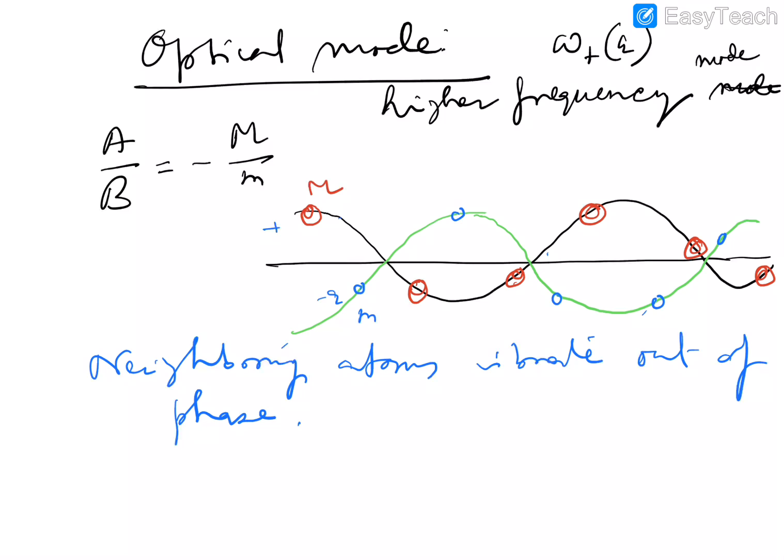Typically in the infrared region, if you can shine light of that energy, or electromagnetic wave of that energy, you can excite this kind of mode. Remember that this is the high frequency mode. Therefore this branch is called the optical branch.